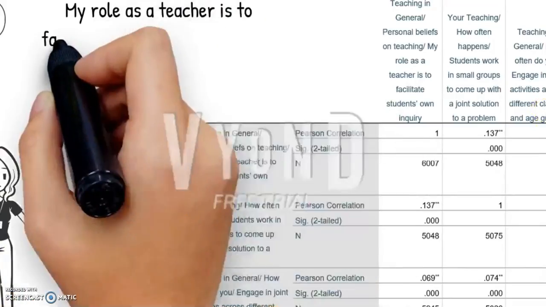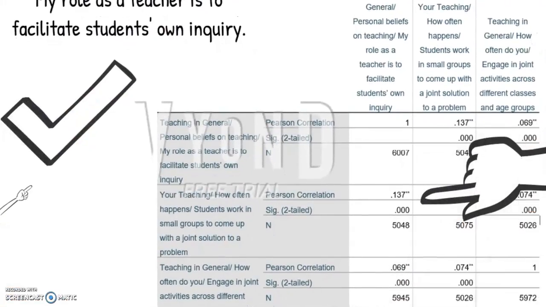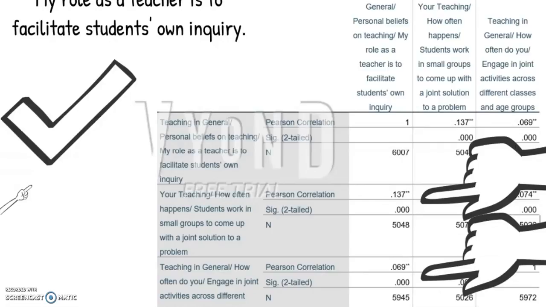This is the first of 4 data slides that show the results from the Pearson correlation test I ran in SPSS. The first one compares the questions of my role as a teacher is to facilitate students' inquiry, which is from TALIS question number 32. And this was compared to the TALIS question 33, engaging in joint activities across different classes and age groups.